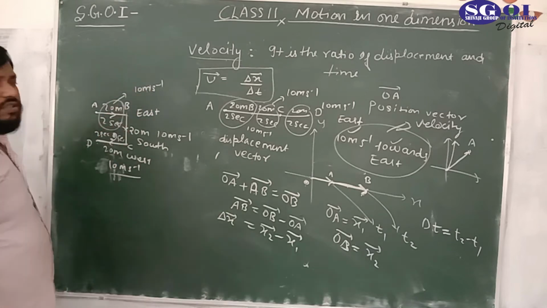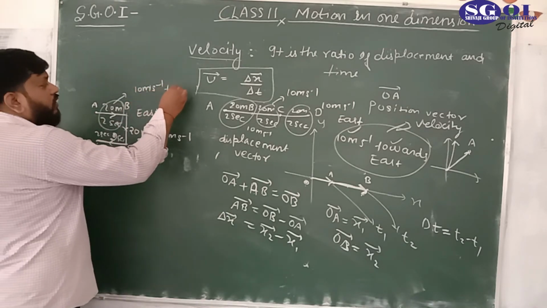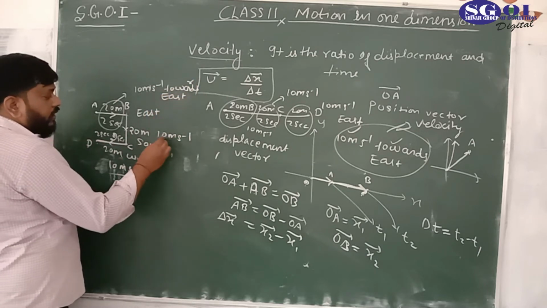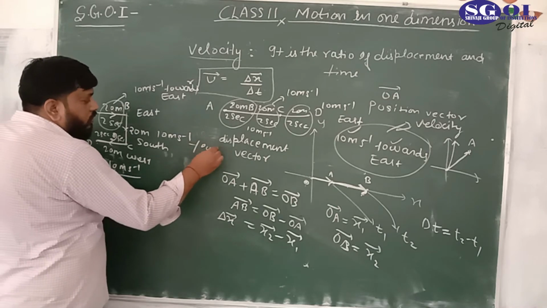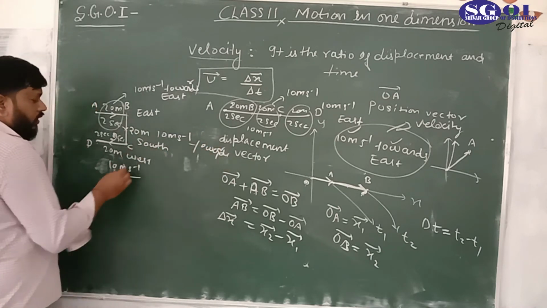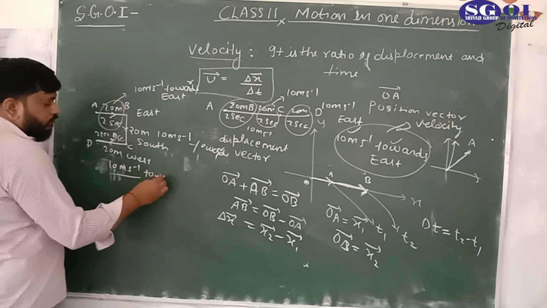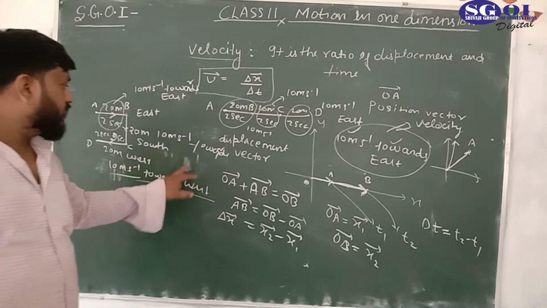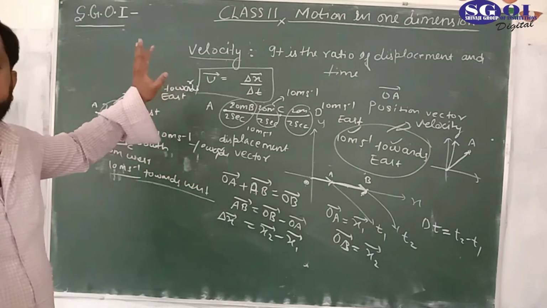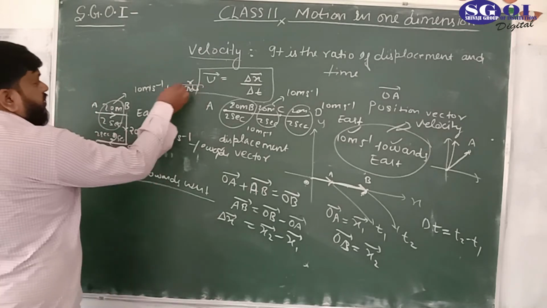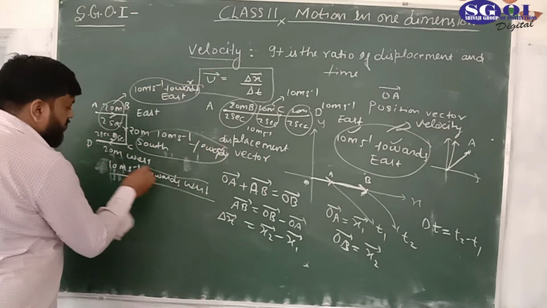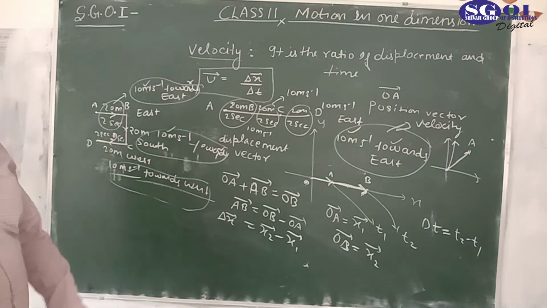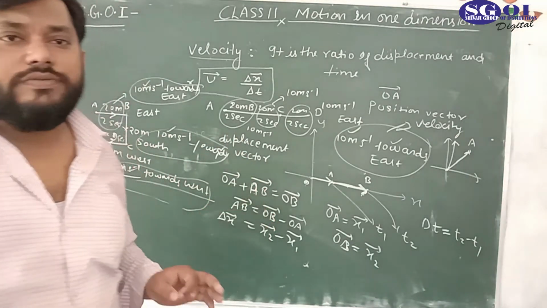So the answer of first velocity is 10 meter per second towards east. This is 10 meter per second towards south. This is 10 meter per second towards west. So here you are seeing that in all the parts of the journey the magnitude is the same, but the direction is changing, and velocity contains both magnitude as well as direction.